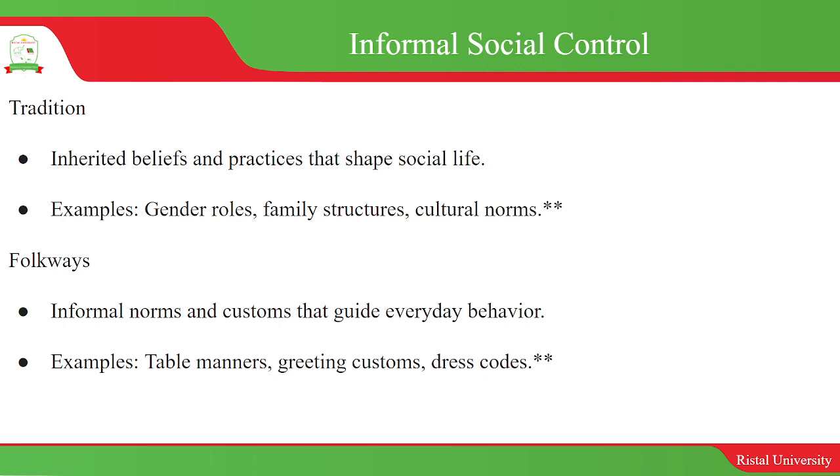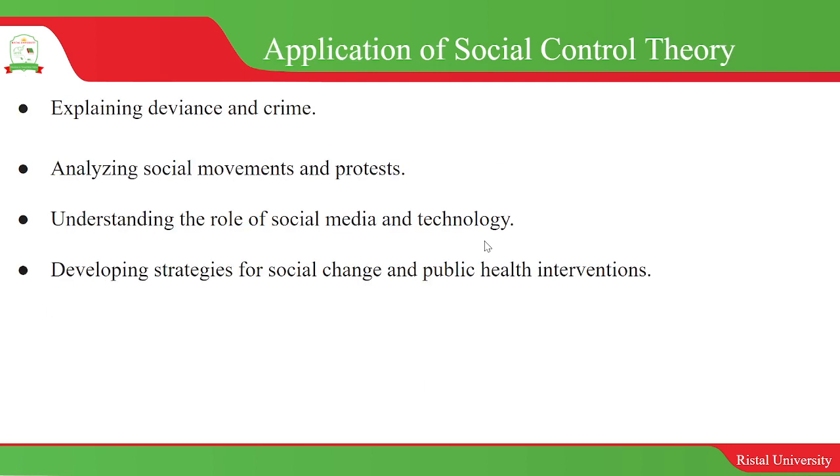So the society knows that a man does this, a woman does that, and these are basically through family structures. And then folkways, the teachings that happen in a family setting. Things to do with table manners, greeting, dress code. These are folkways, teachings related to that.